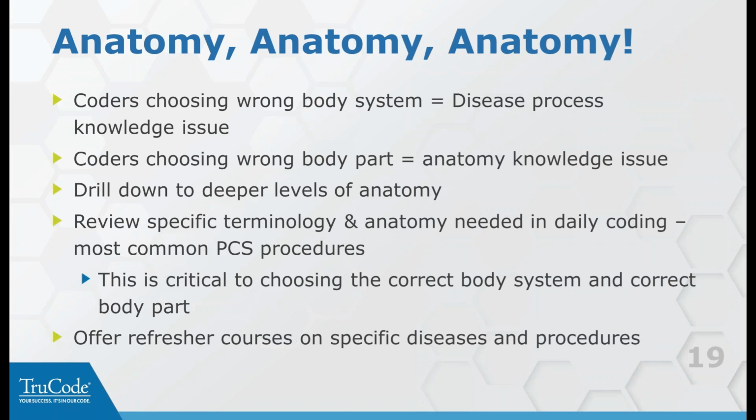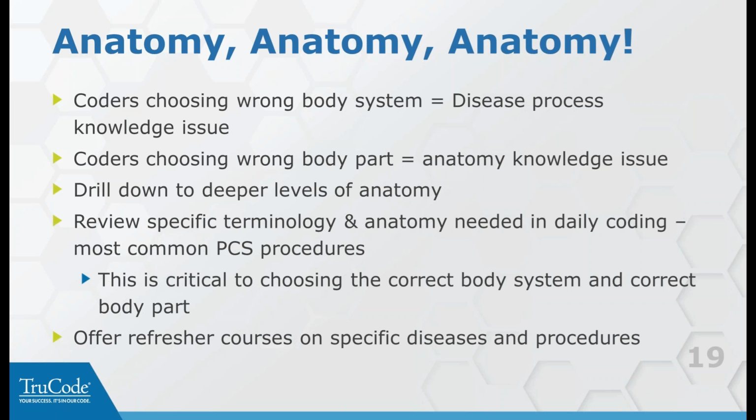And obviously anatomy is very critical with PCS coding, much more so than what we've ever had to worry about with ICD-9 coding. And you need to understand the disease processes that you're coding. You need to understand anatomy. You need to understand what body part is being operated on in different procedures. And that gets complex sometimes when you're looking at blood vessels and nerves and orthopedic bones and joints and that kind of thing.